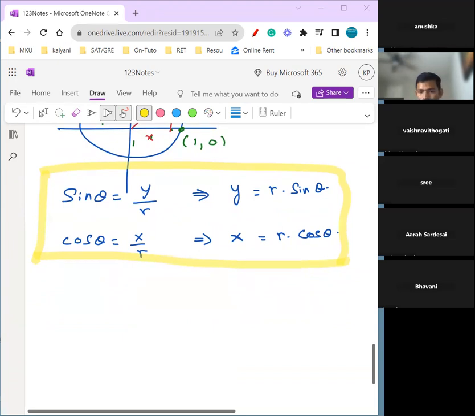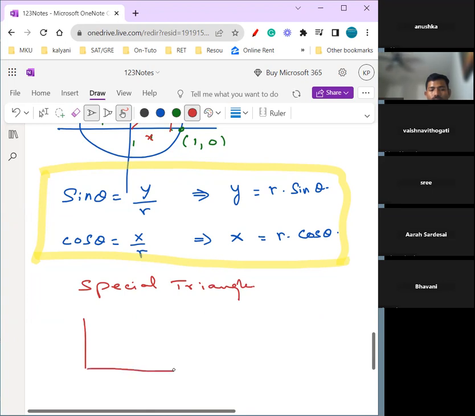I want to see some questions so it makes more sense too. If you remember the special triangles we talked about last time, one triangle is the 45, 45, 90.